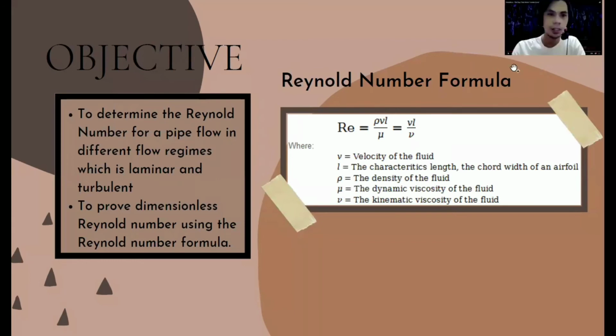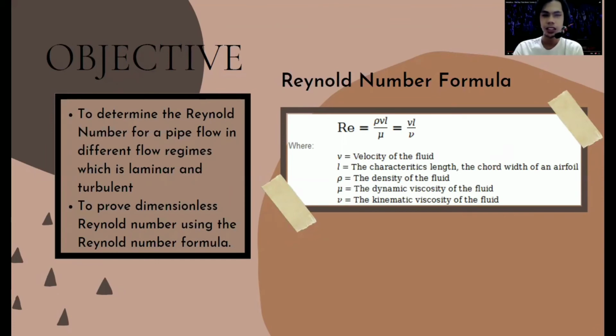Our objective for this experiment is to determine the Reynolds number for a pipe flow in different flow regimes, which are laminar and turbulent, and to prove that the Reynolds number is dimensionless using the Reynolds number formula. On the right side is the Reynolds number formula.